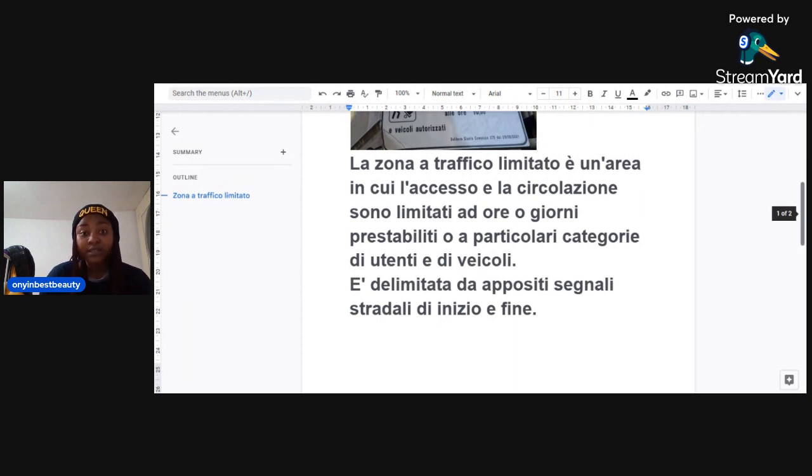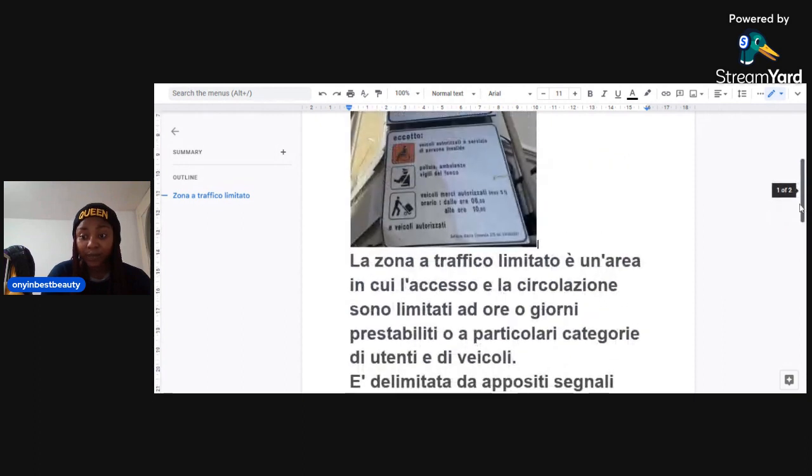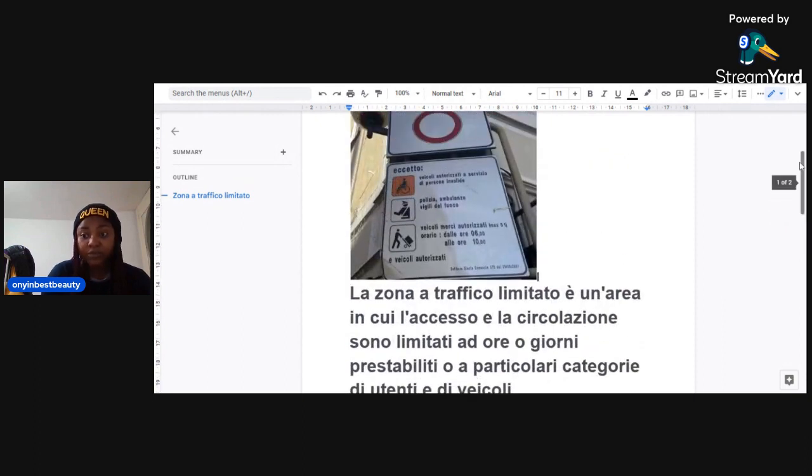Anywhere you see it, it is provided with the time that it is valid and the time that it stops being valid. For example, this particular one is telling you that from 6 to 10, this sign is valid, for this particular category of vehicle.